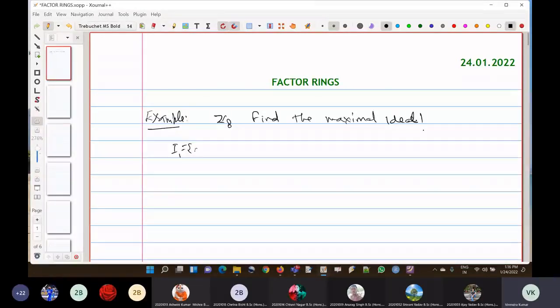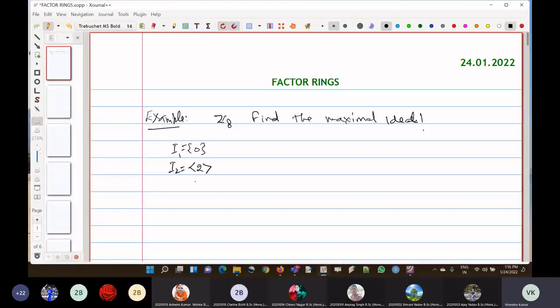First, that is I1, if I write, you know that {0} is the ideal. And then we have another ideal, the ideal generated by 2.